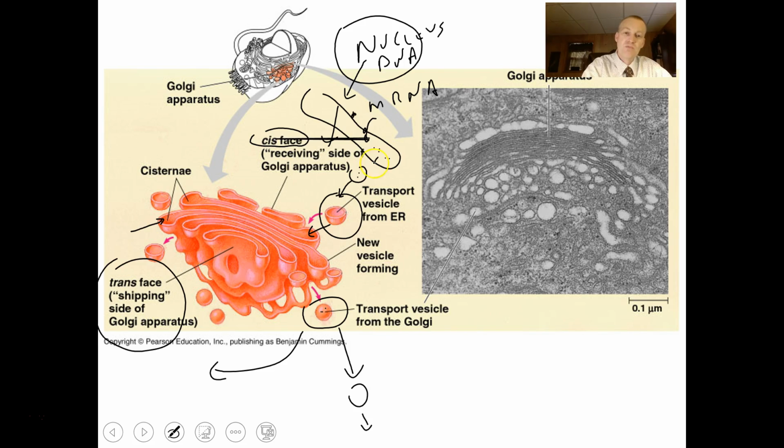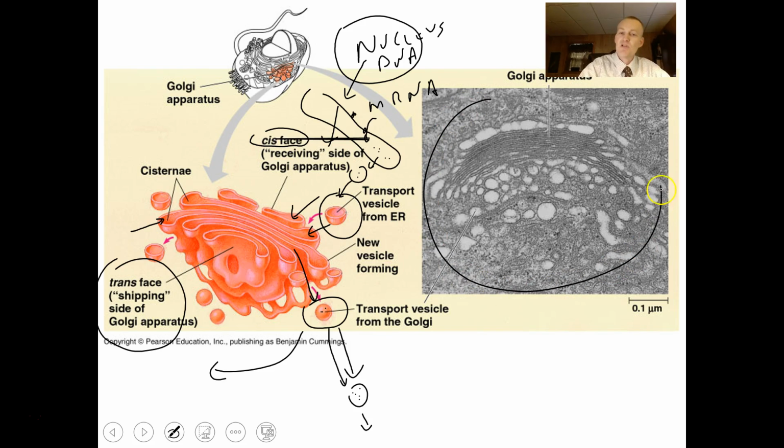Those little mucus proteins will be transported to the Golgi apparatus, and eventually they will be eroded from the Golgi apparatus into little vesicles. Those little vesicles will carry the mucus proteins and dump them outside, and of course you have to then blow your nose. Okay, so that's just an example of how we make a protein, transport it to the Golgi apparatus, and then dump it to the outside of the body.